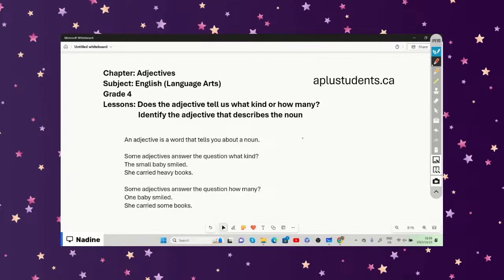So it's like asking yourself, what kind of baby? And then we say it's the small baby. So basically, small is our adjective that describes the baby.